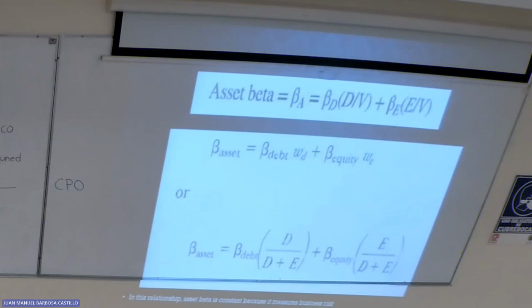So from that point of view, the risk of my debt is 0. If I manage to finance my company, the debt financing of my company, at conditions which are independent from the market, then I don't bear debt risk.